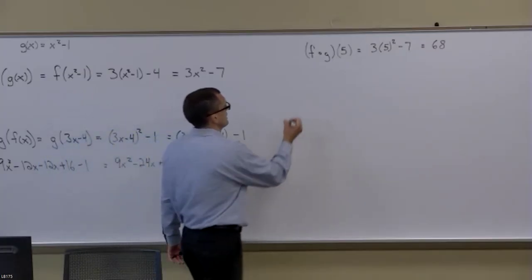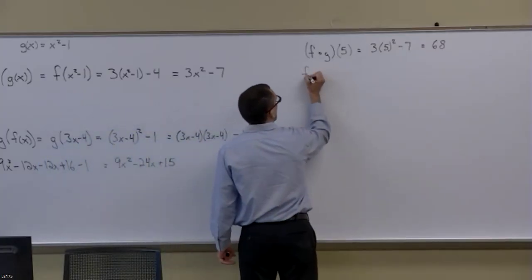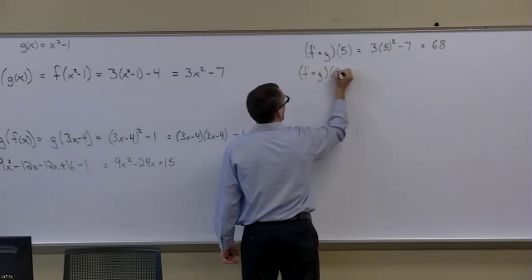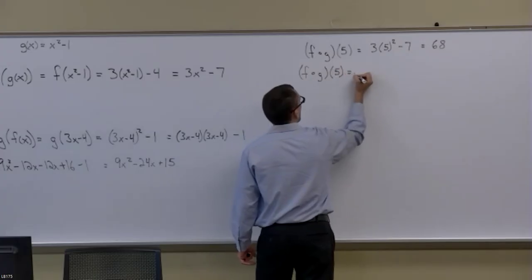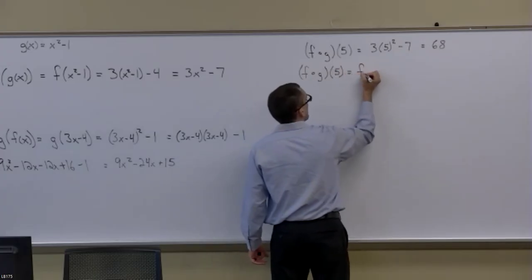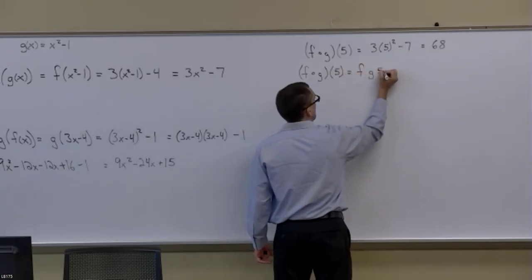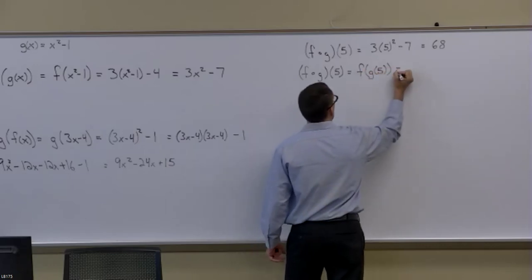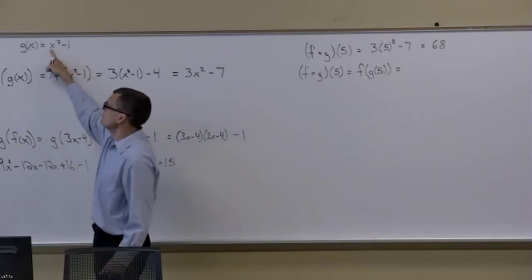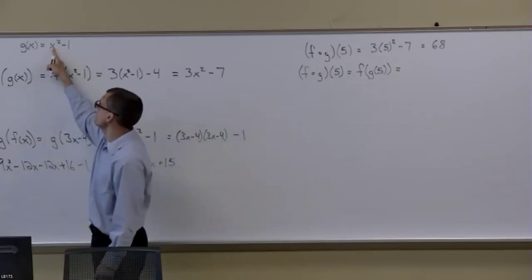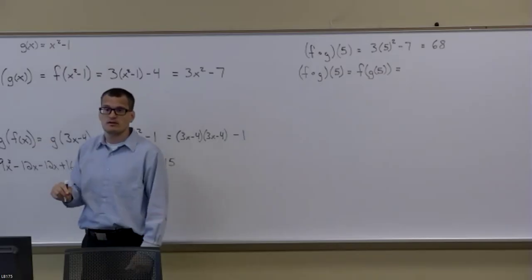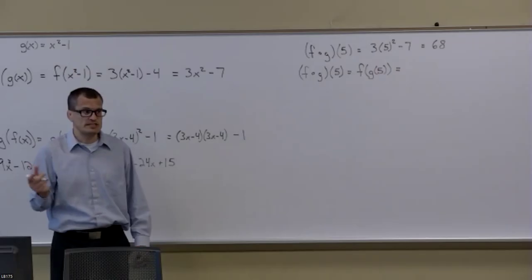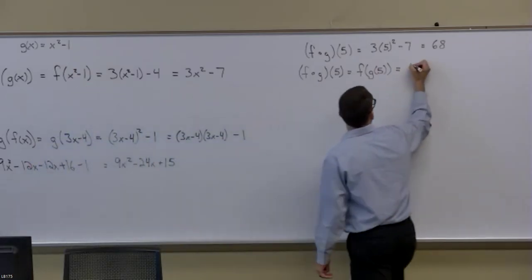The other option, if I wanted to do that, is I think of where does G send the number 5? Plug in 5 squared minus 1, that's 25 minus 1, that's 24. Did I get that? So G sends 5 to 24.